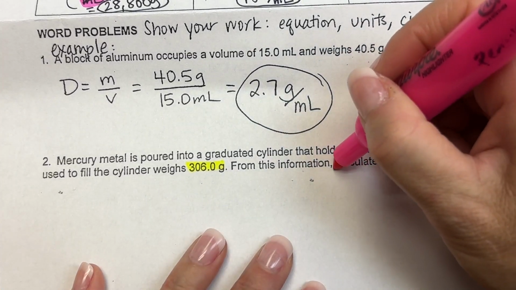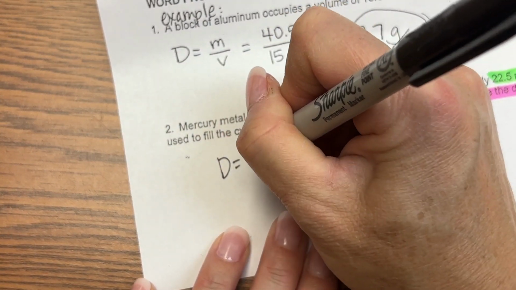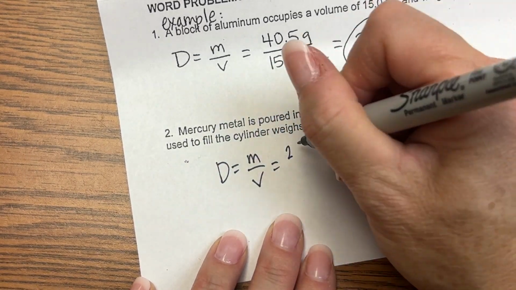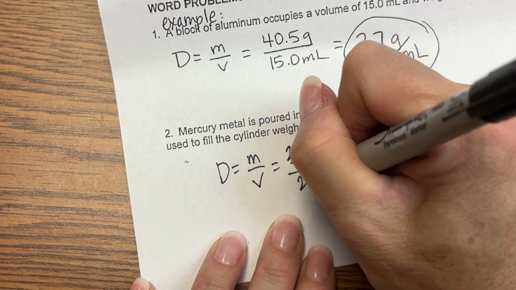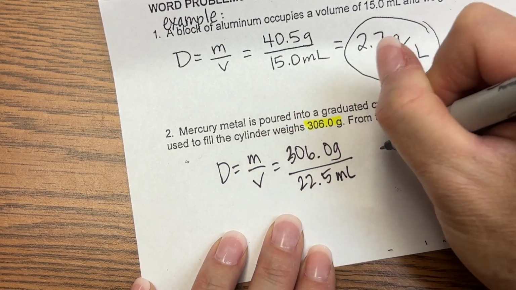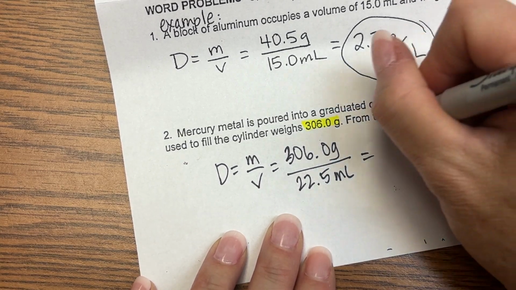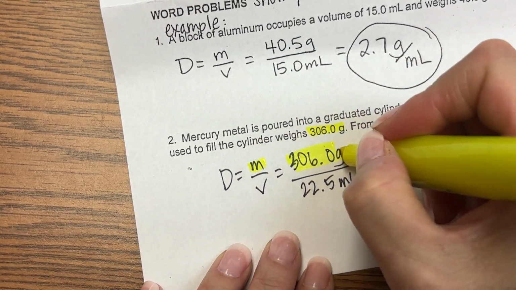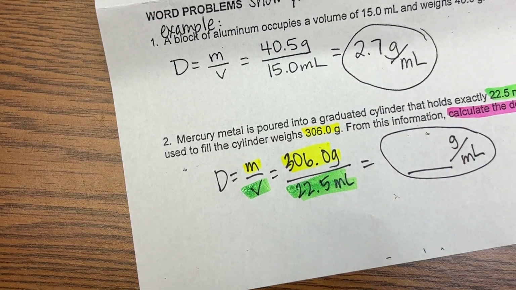It is asking me to calculate the density. So I know that density equals mass divided by volume. And then I'm going to plug in my numbers. 306.0 grams divided by 22.5 milliliters equals a number in grams per milliliter. And we keep the same colors because that is consistent.